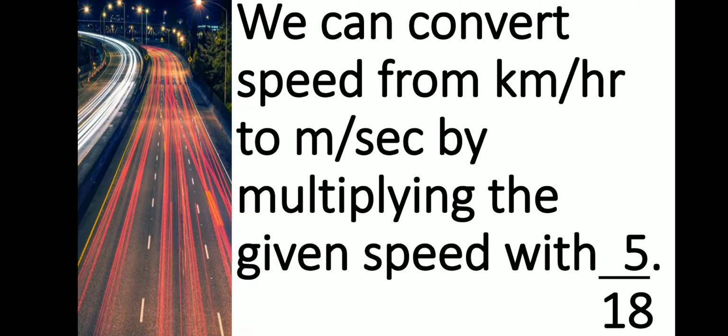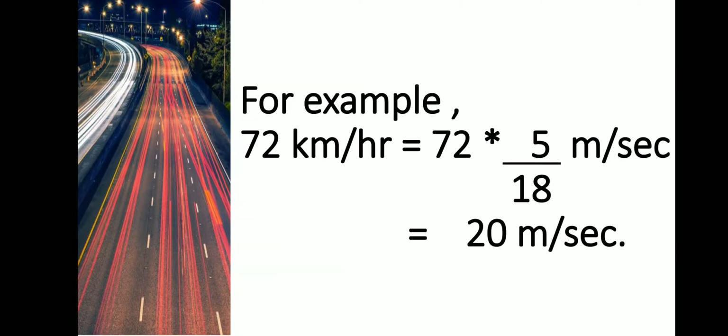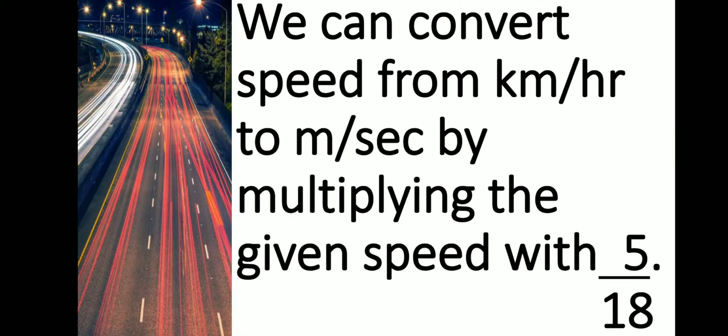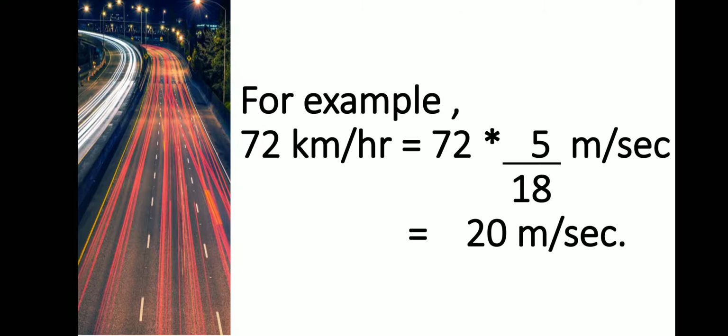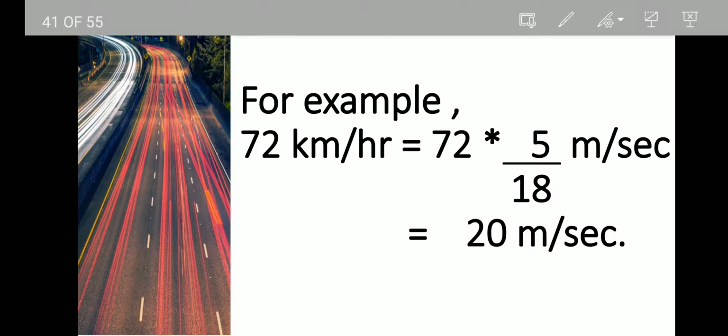We can convert speed from kilometer per hour to meter per second just by multiplying the given speed with 5 by 18. Now let us see an example. 72 kilometer per hour. We are going to convert this into meter per second. Now as per rule, we'll multiply with 5 by 18. Now 72 multiplied by 5 by 18, and what we get is 20 meter per second.